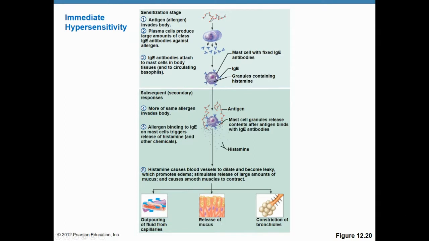So if you encounter that same antigen again later on, now you have these sensitized mast cells that are going to just kind of flood your body with histamine, which gives us our leaky capillaries. The mucus-secreting cells of your respiratory tract become overactive, and the bronchioles that supply air to the little air sacs of your lungs are going to constrict. And so that can definitely cause death when it is severe.